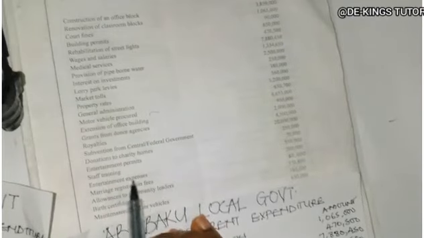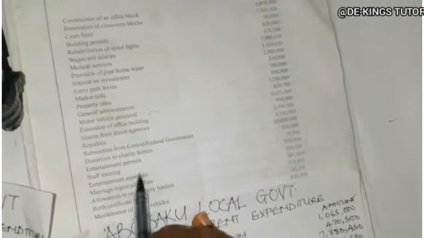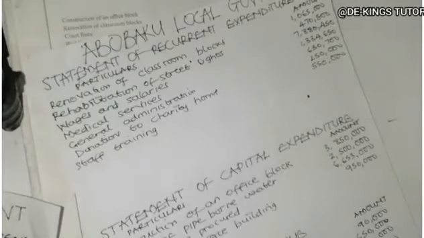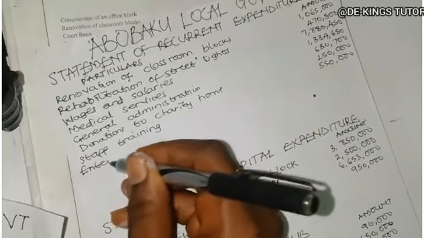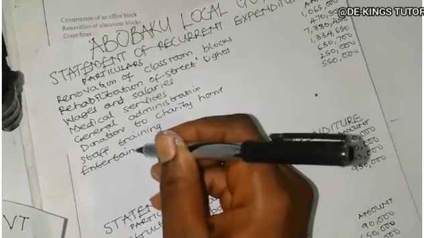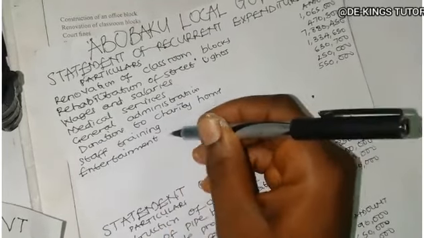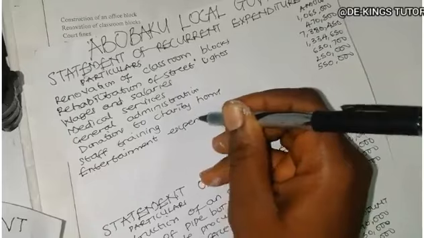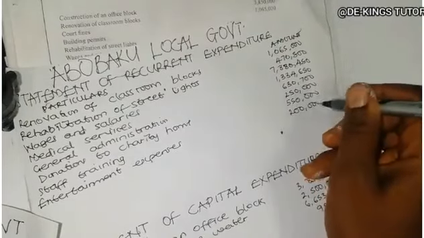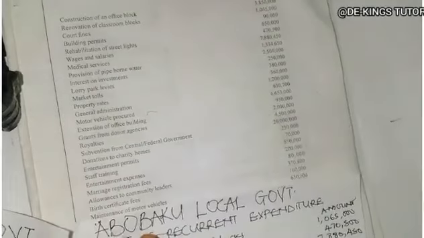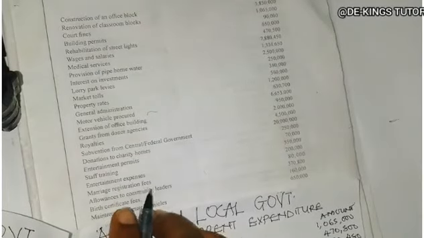The next one is entertainment expenses, 200,000. It's regular. The next one, marriage registration fees, 80,000.